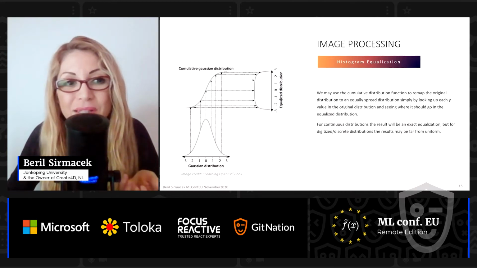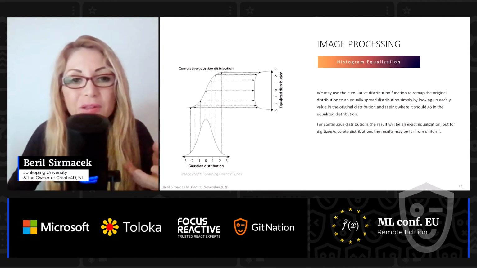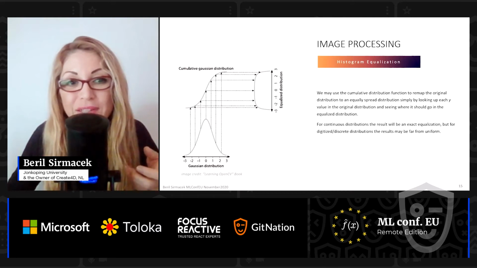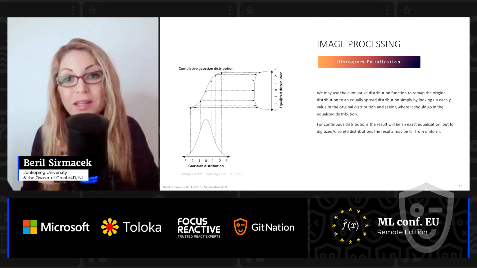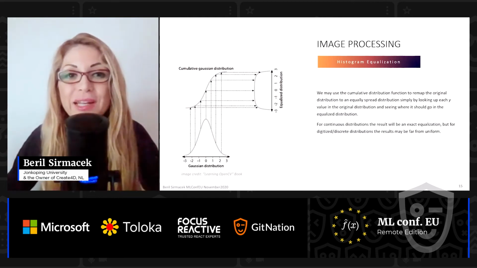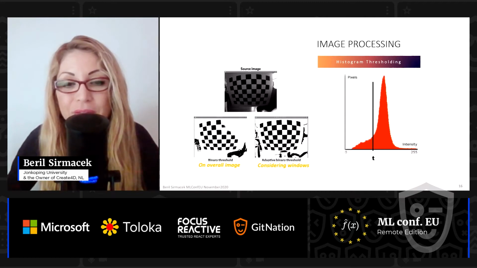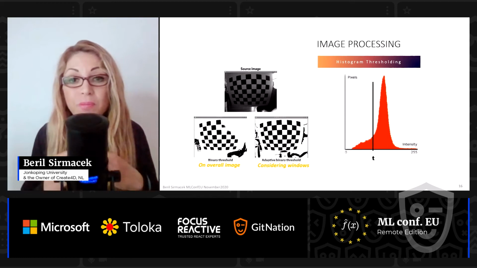Then we use the cumulative distribution function as a projection function to find the new brightness values, projecting into stretched values.